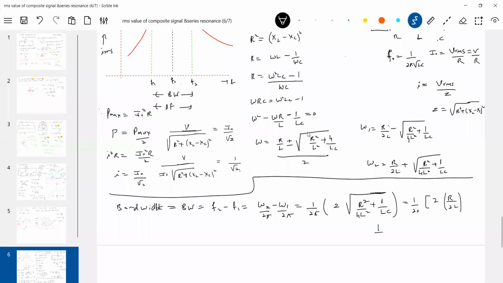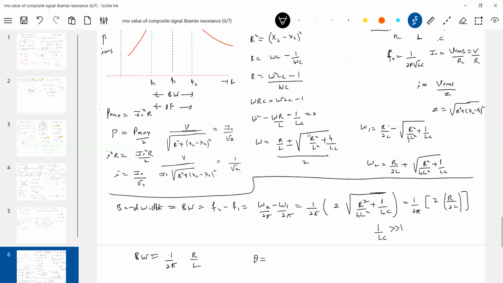So here 1 by LC will be very much greater than the other term. So this will become negligible. So the approximate form we are bringing like this here. So finally, how much is it? The bandwidth is equal to 1 by 2 pi R by L.